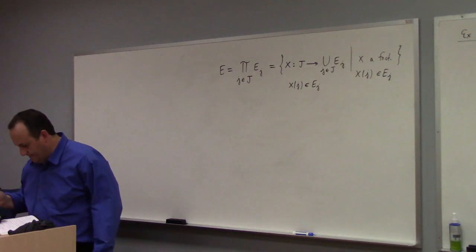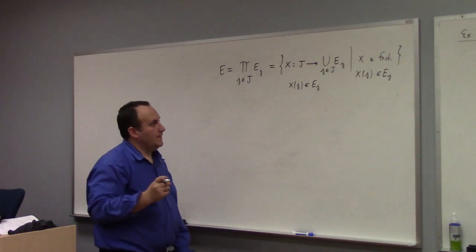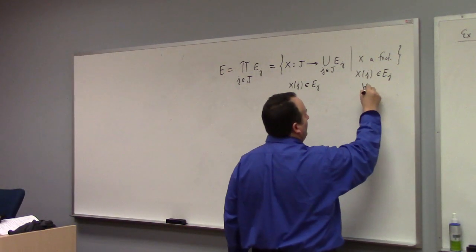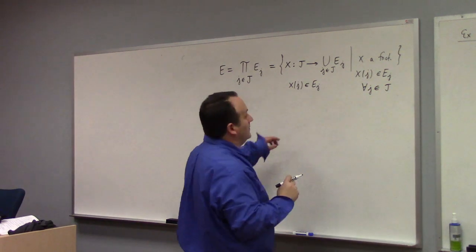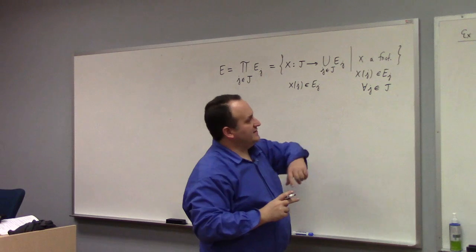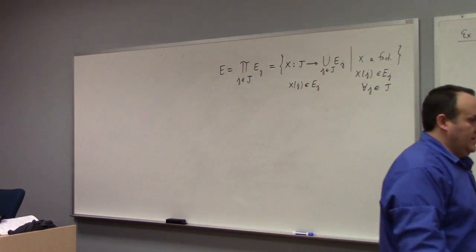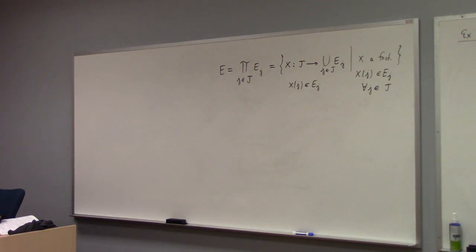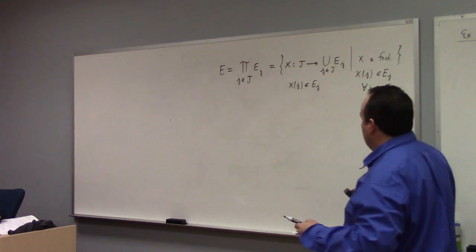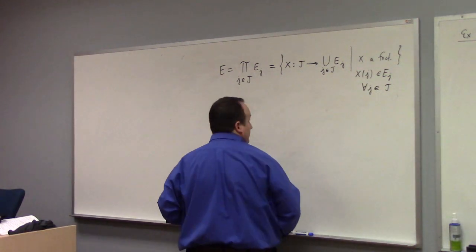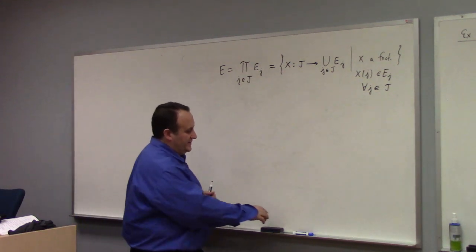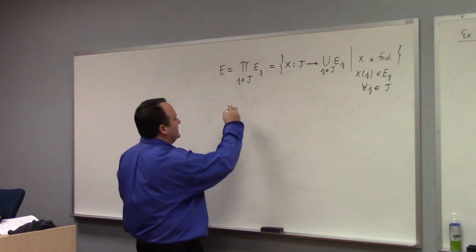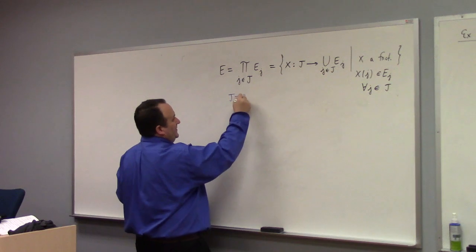X is a function such that x of j is an element of E sub j for all j. So this is weird inasmuch as J could be the real numbers, right?